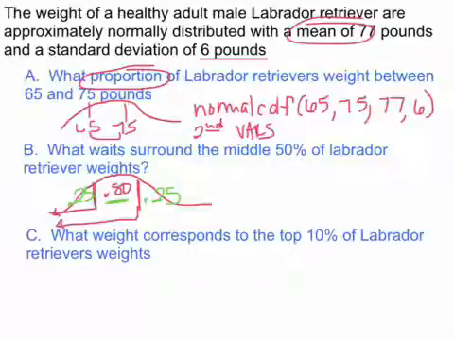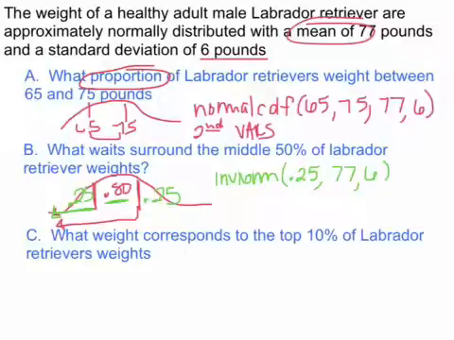Well, if I'm finding the weight, I'm finding an observation. So I'm going to find the inverse norm. The first one I'm finding is this one right here. I'm looking at the 25% of the bottom, the mean, the standard deviation.